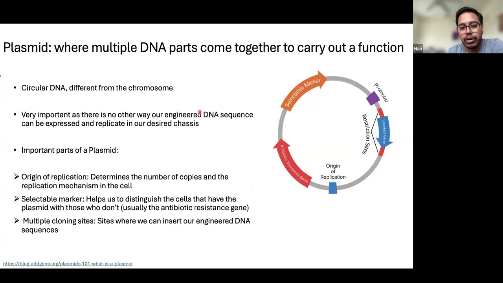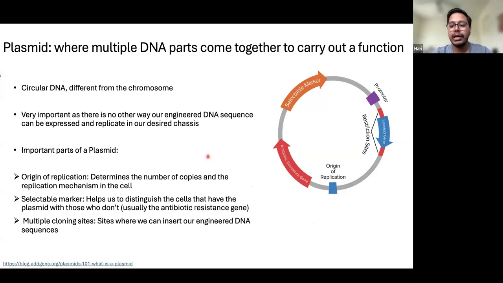Some of the important parts of a plasmid are the origin of replication. The origin of replication ensures that the plasmids in the cells are also divided as and when the cells are dividing, and they are replicated and divided into each of the daughter cells, so that all the cells will contain the plasmids with our gene of interest. The origin of replication also determines how many copies of that plasmid will be replicated in the cell.